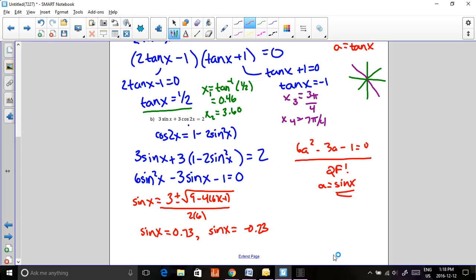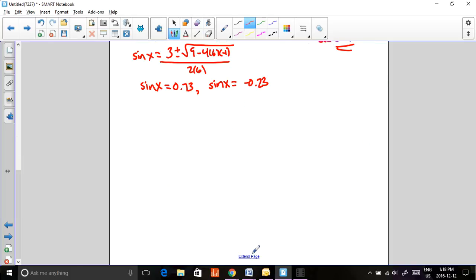So now, next on the page here, you have to actually solve these. This is the step that gets people confused. You actually have to go now and solve these. You're not done. Sine x, if it's 0.73, means it has two options in those two positive quadrants. And this one has two options in these two negative quadrants. So you're going to have 4 different answers.